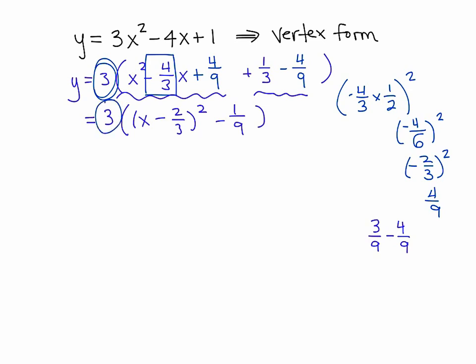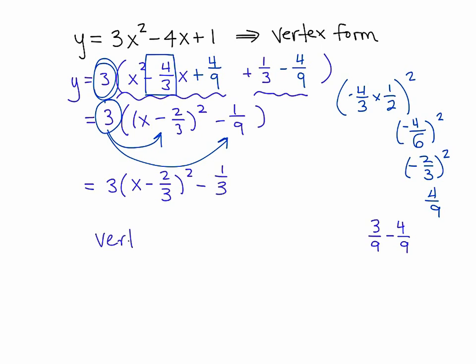So keep it outside of the whole parentheses. Then we're going to distribute it onto the fraction negative 1 over 9. So finally we have 3 times (x minus 2 over 3) squared minus 1 over 3. Vertex is at 2 over 3, negate that answer, and negative 1 over 3.